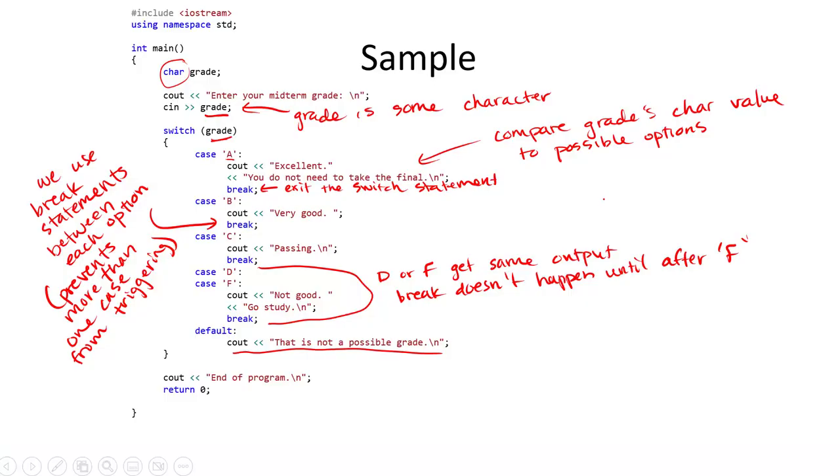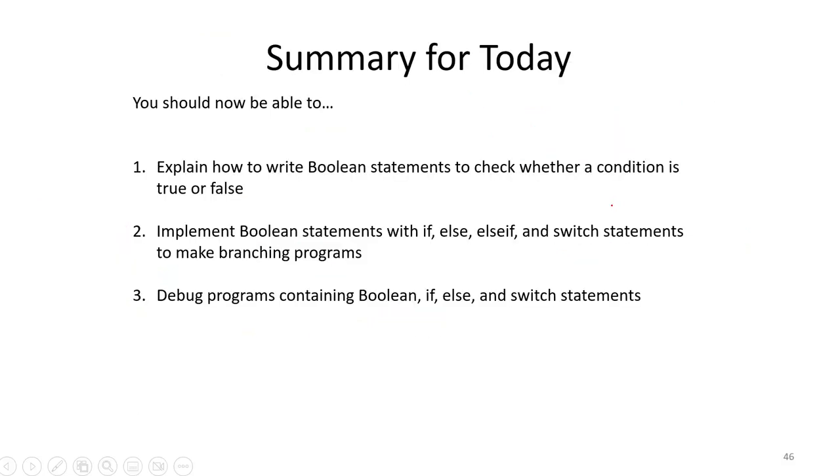All right, so there you have it. We have now covered a variety of ways to make decisions in our programs. And so please make sure you try going back through these examples yourself and make sure you understand how they work. You should now be able to explain how we can use Boolean statements to check whether conditions are true or false.